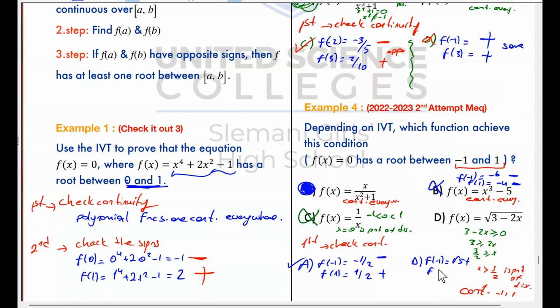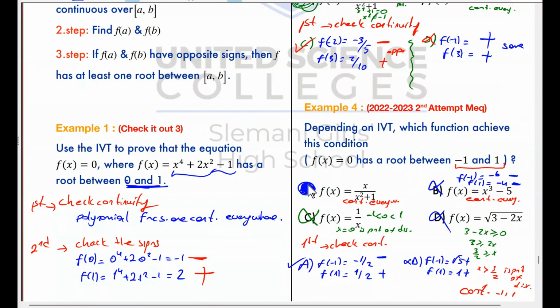What is f of 1? It is 3 minus 2, 1, square root of 1, 1, which is also positive. Option B, they are both negative. Option D, they are both positive. So we don't have a root between negative 1 and 1 because they have same signs. Then only correct answer is A.